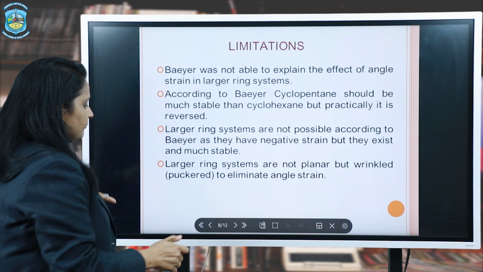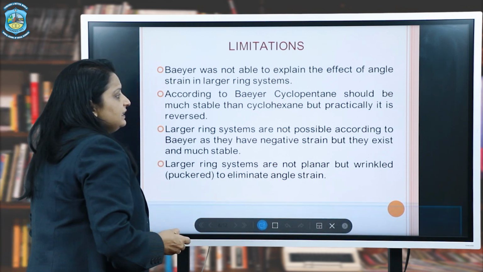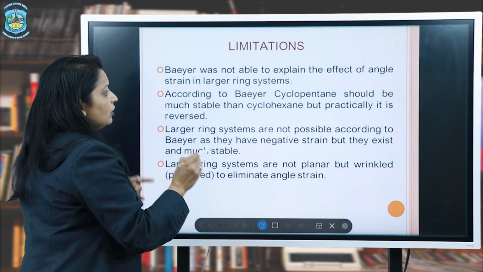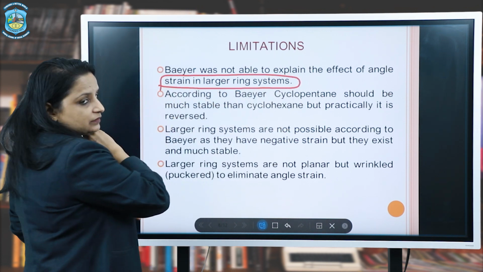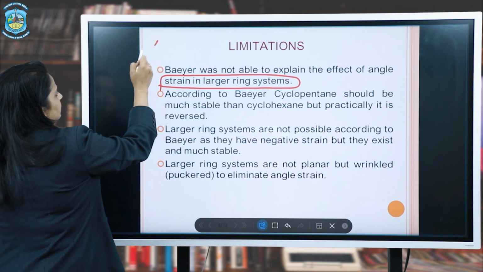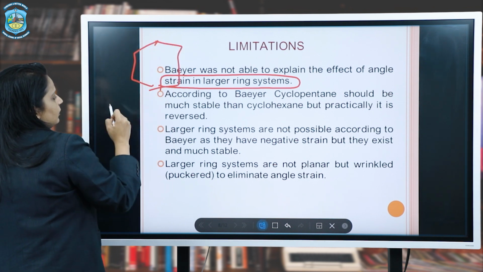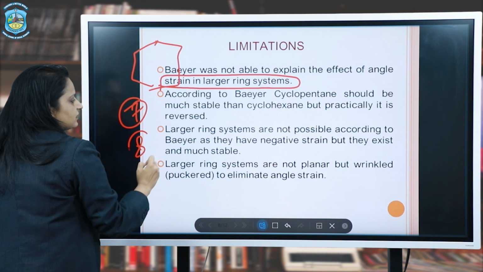The first one was that though it explained the deviation, it was not able to explain the effect of ring strain in larger rings. Larger rings means like cyclohexane, or you can say with 7 carbon or 8 carbon.